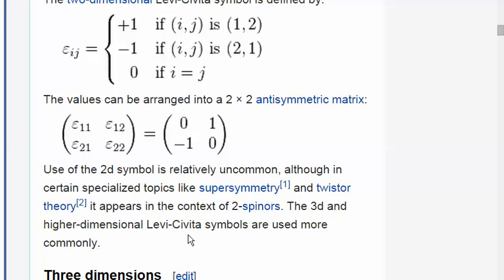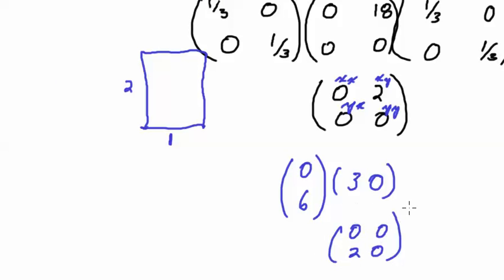The 3D and higher dimensional Levi-Civita symbols are used more commonly. But anyway, this outer product of the 1 yard and 2 yards would naturally be followed up by the application, perhaps, of the Levi-Civita symbol, and following it up by that Levi-Civita symbol, 1, -1, would probably give you the area of the associated region.